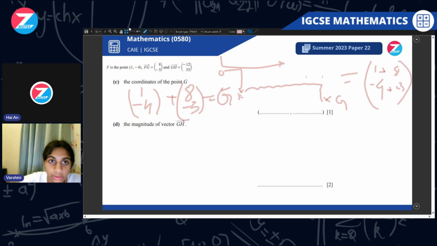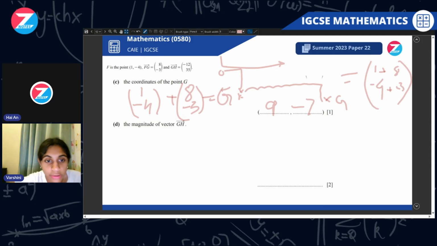And that is just going to be 9 and minus 7. But remember, they don't want it as the vector formula. So we know that x is the first term and y is the second one. So (9, -7).